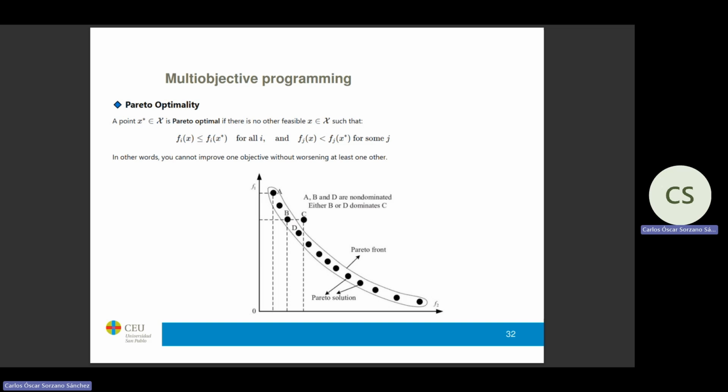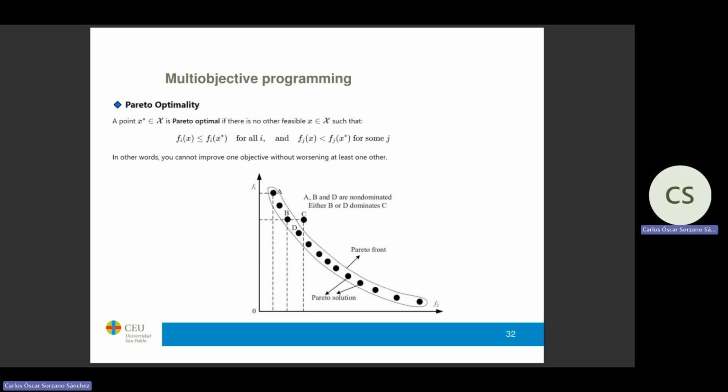What does non-dominated mean? Let's say that I have chosen point A as the solution. F2 is very small, but F1 is very high. And there is no way that I can improve F1 without sacrificing F2.